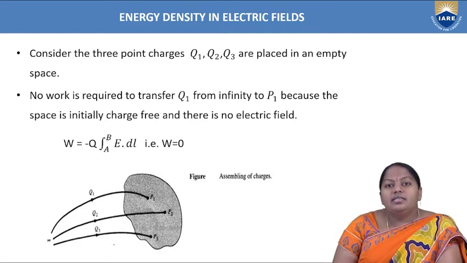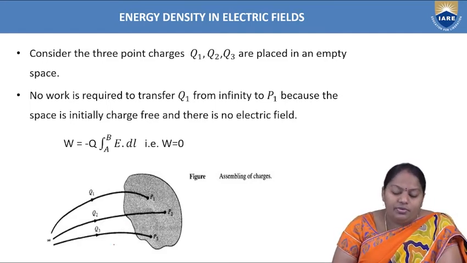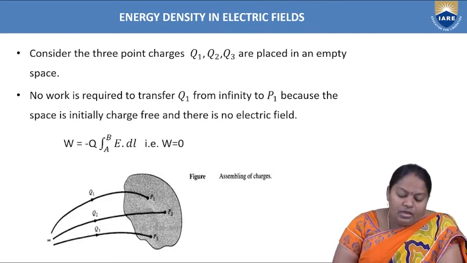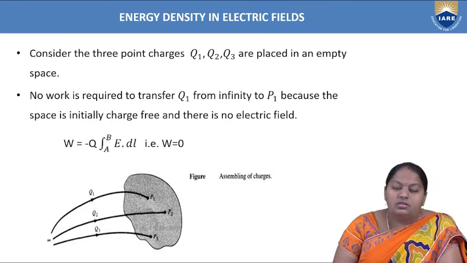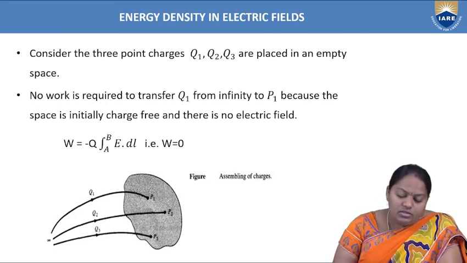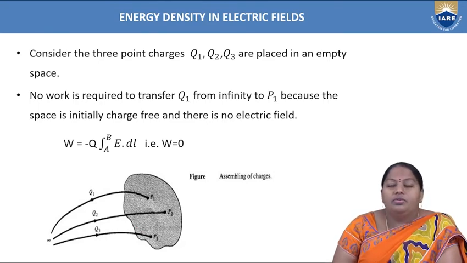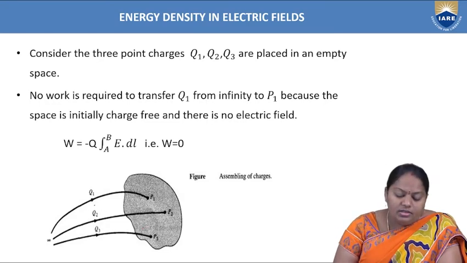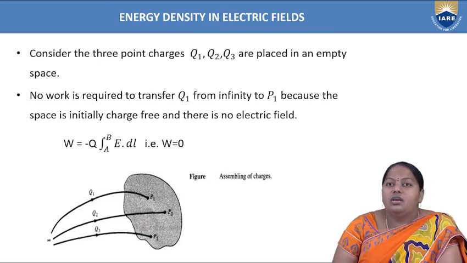It is given here with a simple example. In order to analyze this energy density in electric fields, we have considered one simple figure: an assembling of charges from the infinity region to some finite shaded region. In order to place the charges from the infinity region to one particular region, we have to carry the charges from one place to another place.